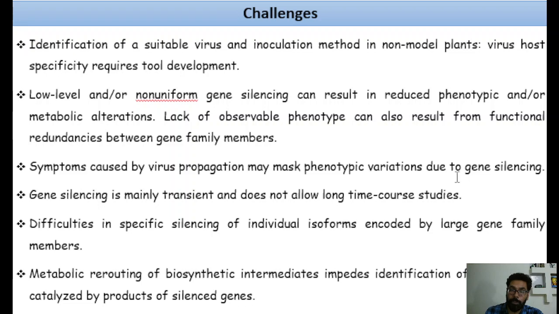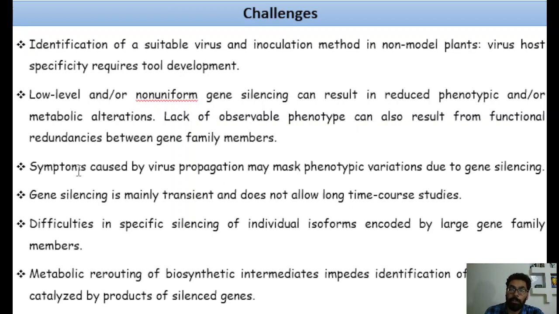Then there are also functional redundancies between gene family members. So if we are silencing one gene family member, another gene family member will take its place in performing the function.